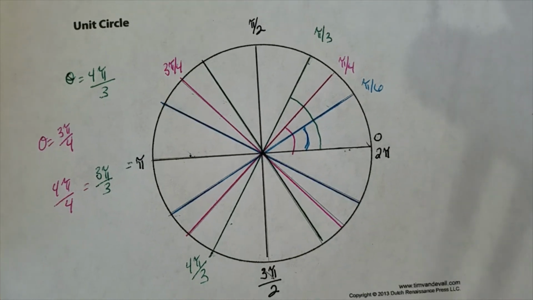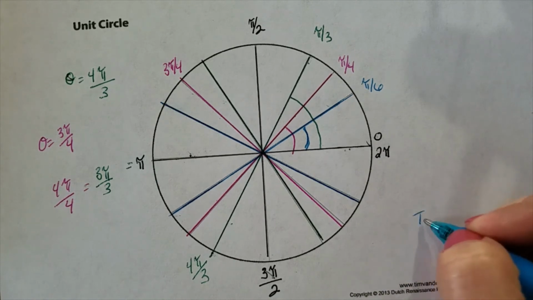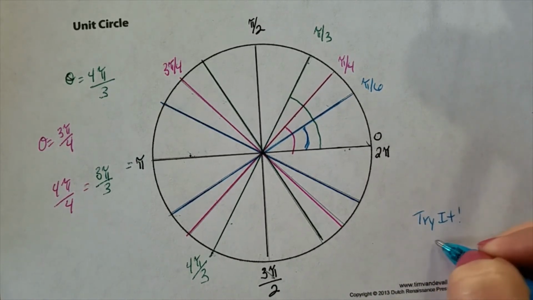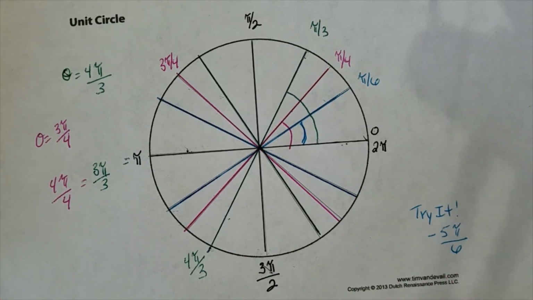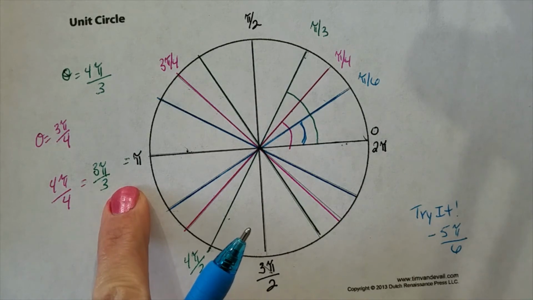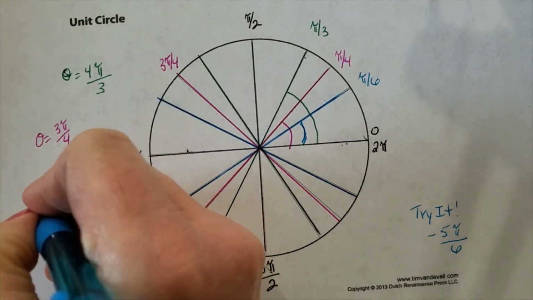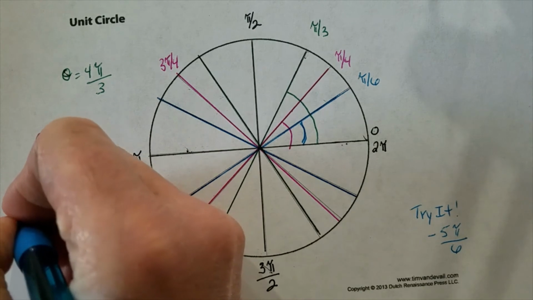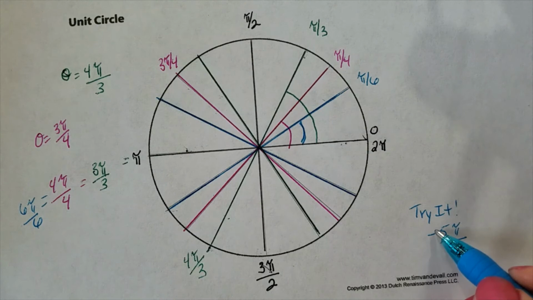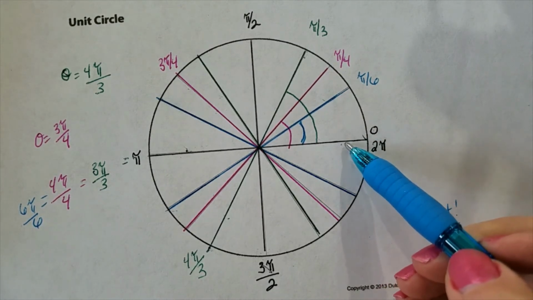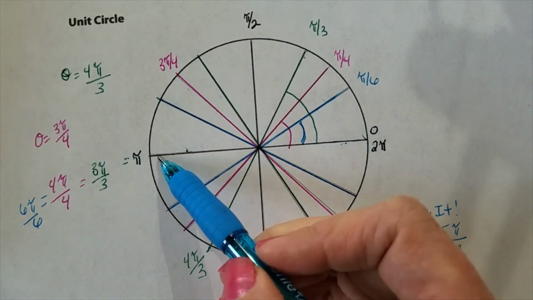Now, your try it, let me flip to that. I believe it was -5, yep, -5 pi over 6. Okay, so your try it is -5 pi over 6. Again, I'm going back over here because this makes it super, super simple. So pi written with 6 in the denominator is 6 pi over 6. Notice this is negative, which means I'm going to go clockwise on the unit circle.